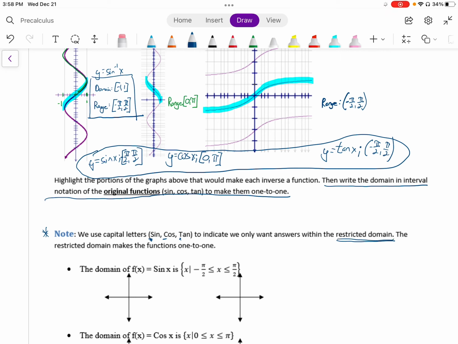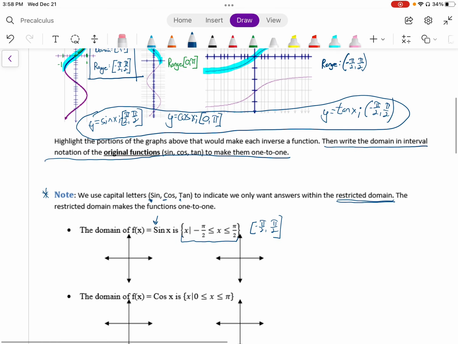So if you see a capital S, that means it's restricting it from negative pi over 2 to pi over 2, and we can write that in interval notation now. So normally when we graph sine, we just go on and on. But we only want that restricted part, from negative pi over 2 to pi over 2.